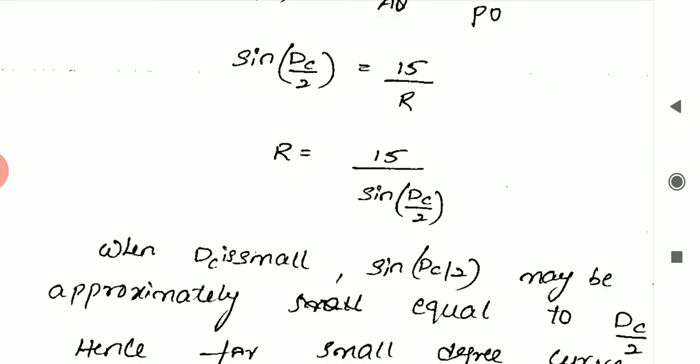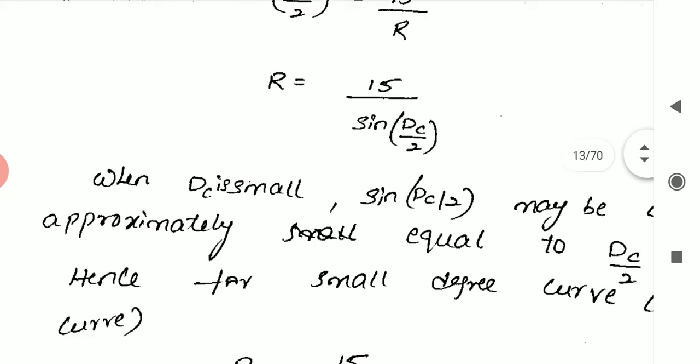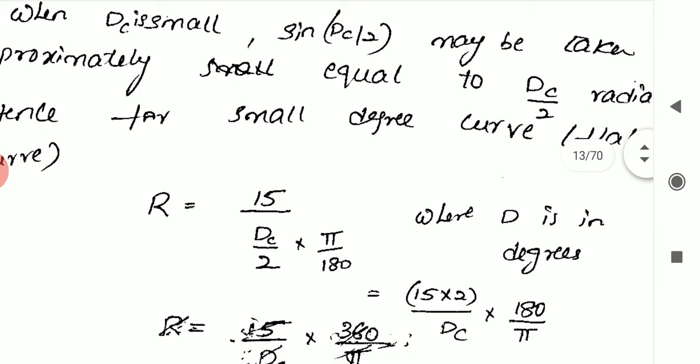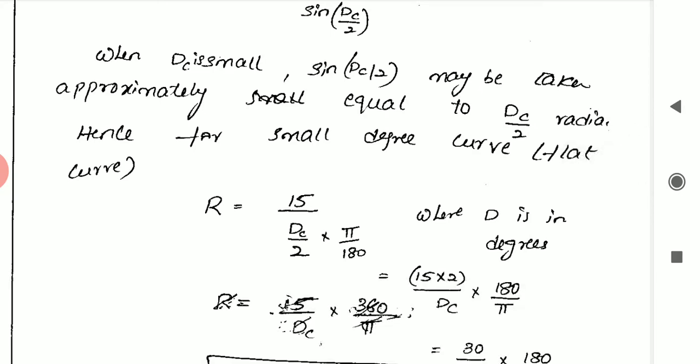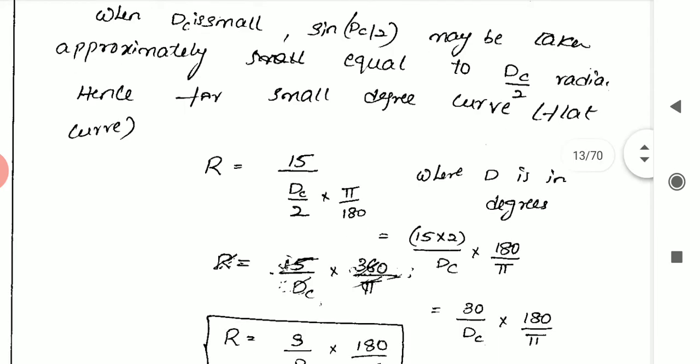Where DC by 2 is small, hence for a small degree of curve, a flat curve will appear. So for that purpose I removed it.